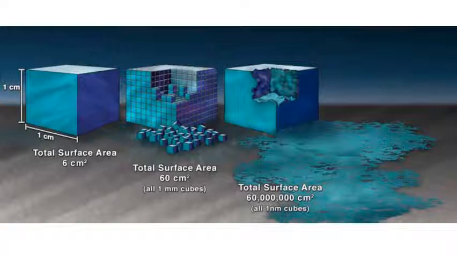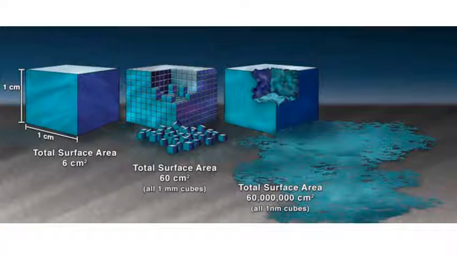Here, it is shown that if the size is a 1 centimeter box, then the surface area will be 6 centimeters squared. But if the size is 1 mm, then the surface area will be 60 centimeters squared.